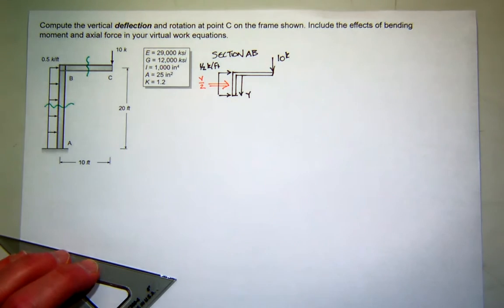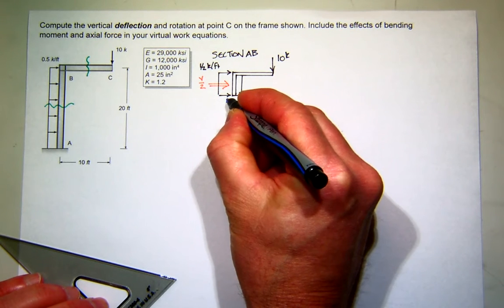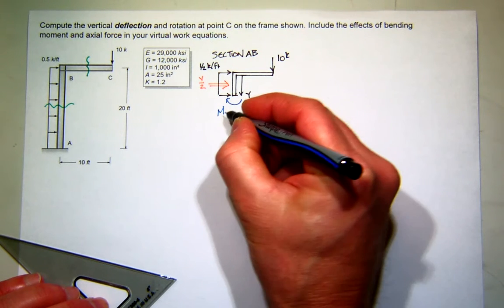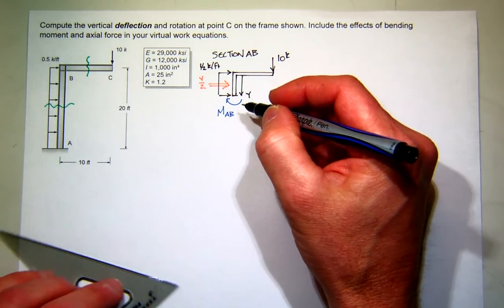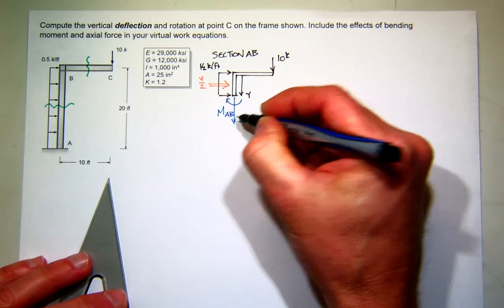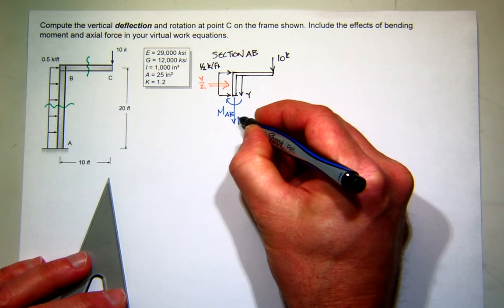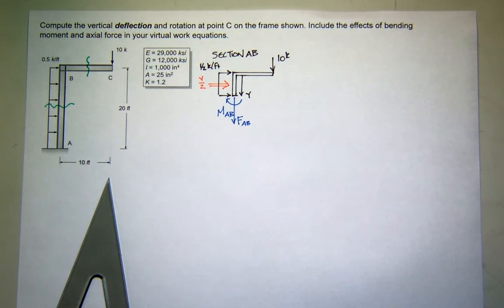So now I'm interested in the real moment in this section from A to B. You know what, I think I'll go ahead and, while I'm here, get the force in AB. That will be my axial force, and we'll use that later.